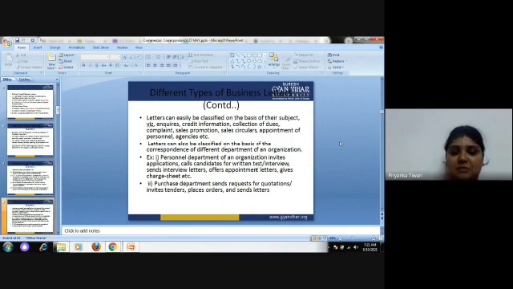The personnel department sends invitations, applications calls, calls for written tests and interviews, offers, appointment letters, and charge sheets, and the purchase department sends requests for quotations, invites tenders, places orders, and sends letters.